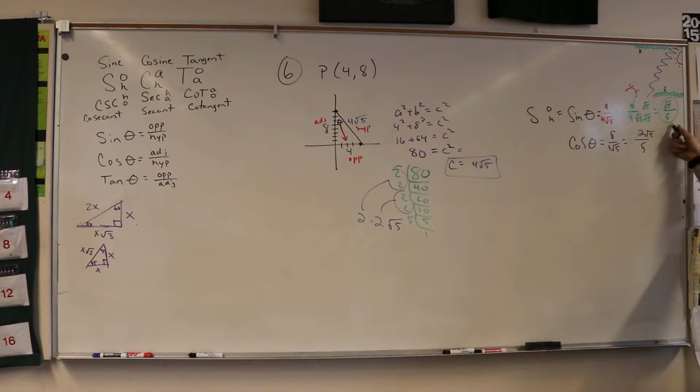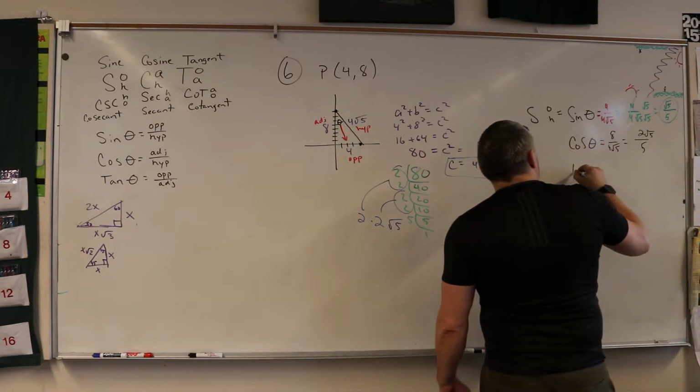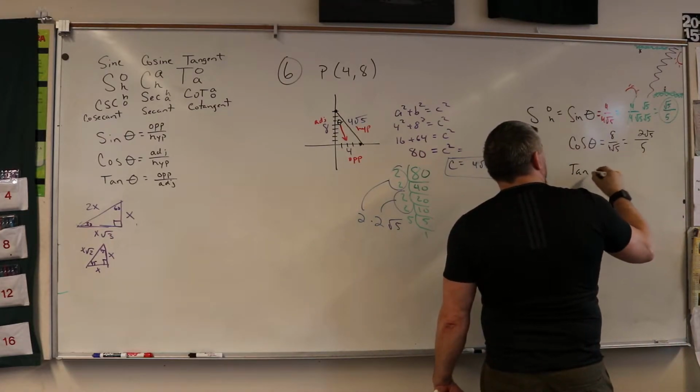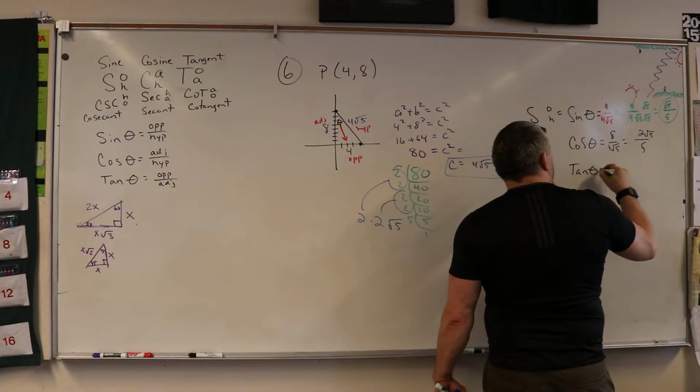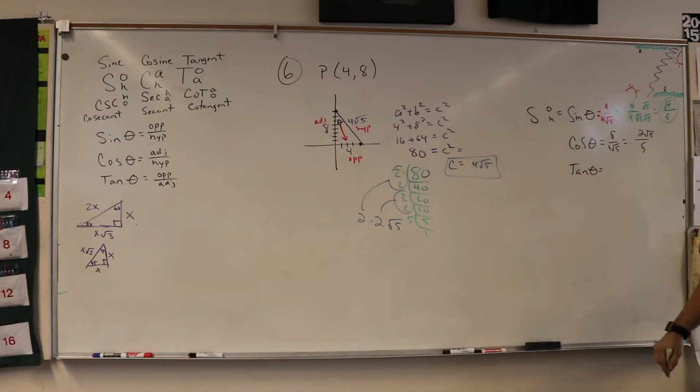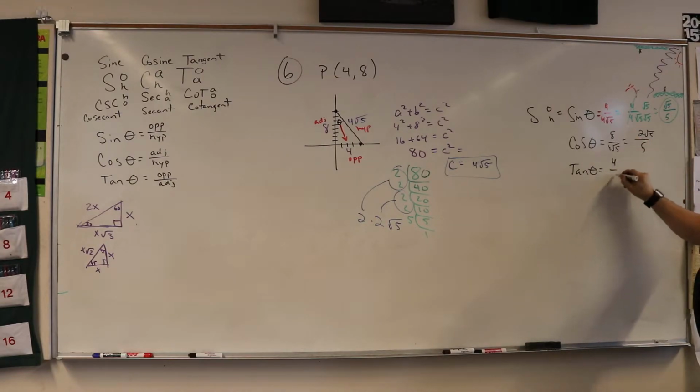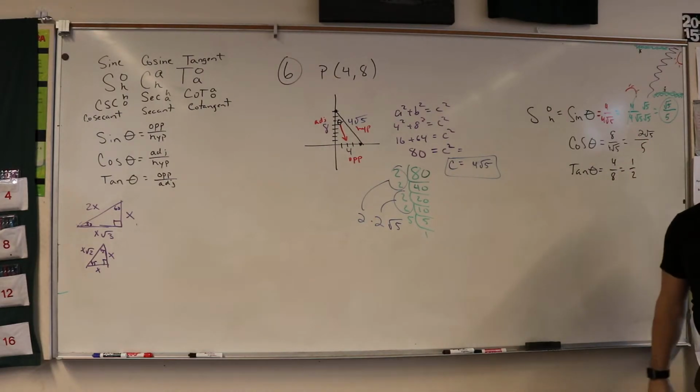I already did that math before, so I know it's going to be that. Does that make sense? Okay? I mean, we're at a level now, we got to start thinking ahead. Okay? Tangent is opposite over adjacent, right? So my opposite is 4. My adjacent is 8. So this equals 1/2.